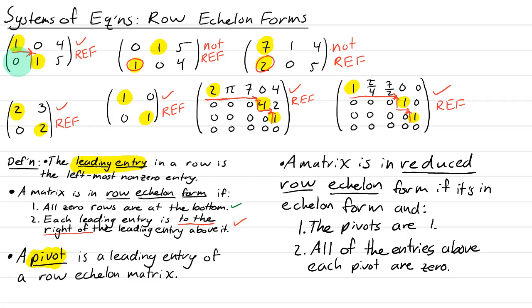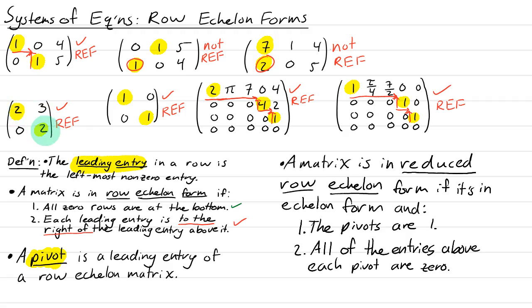If you had a non-zero entry below a pivot, then that would be a leading entry directly below another leading entry. So anyways, to be in reduced row echelon form, it also has to be zeros above each pivot. These are already out of the running because they're not in row echelon form to begin with.